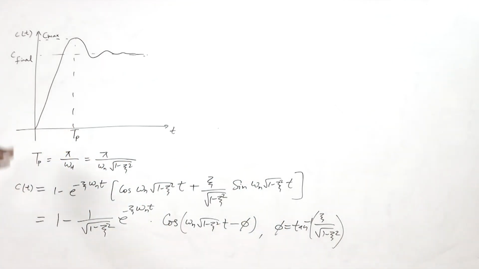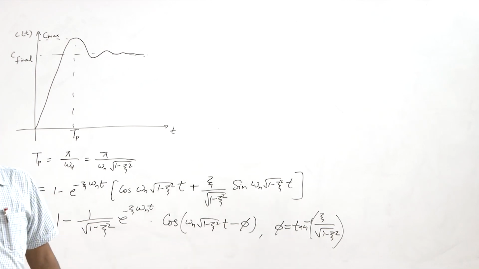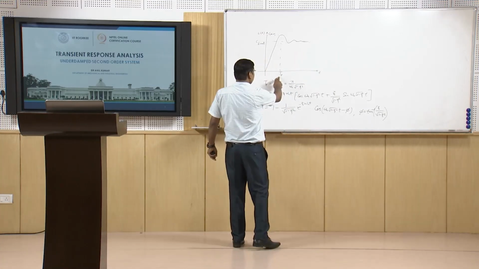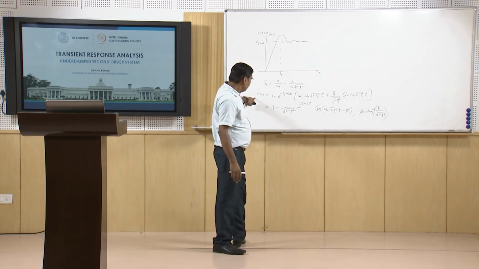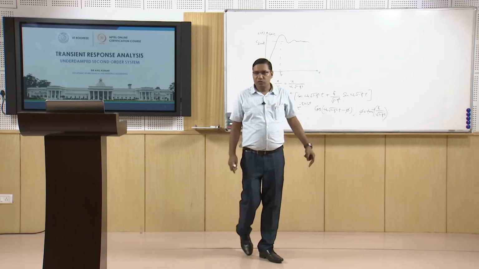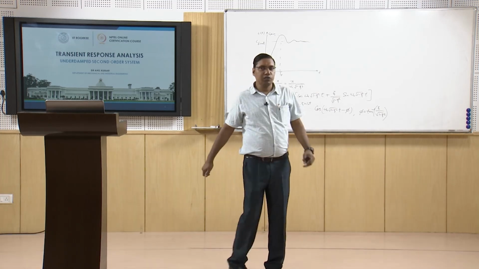So this was the response for this underdamped second order system, and we find peak time by taking the slope of this curve equal to 0, that is dc(t)/dt equal to 0.